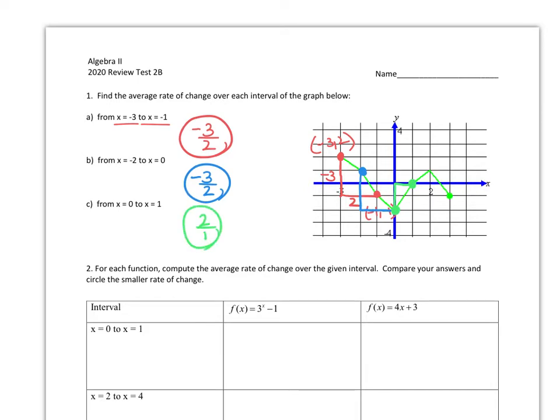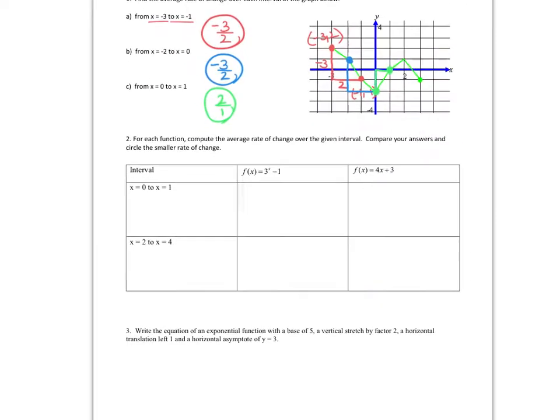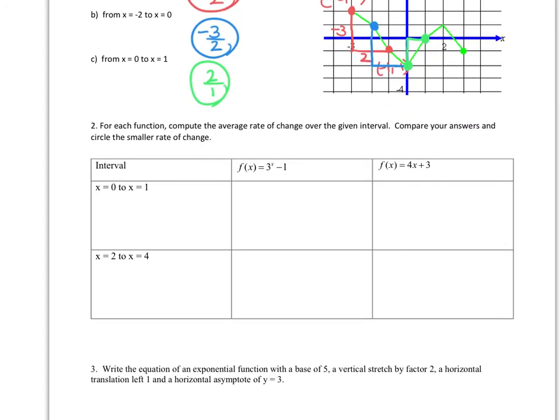Now for question 2, you're not given a graph, so we're not going to do just rise over run. We'll actually use our slope formula. To find the average rate of change from 0 to 1, you do need to know the outputs. So those are our ordered pairs.